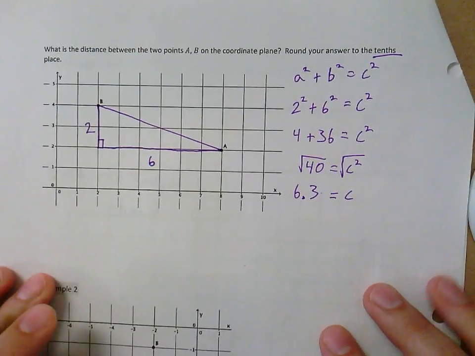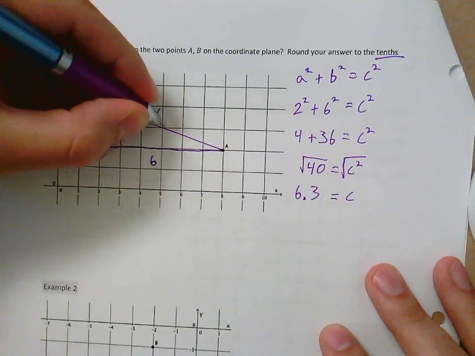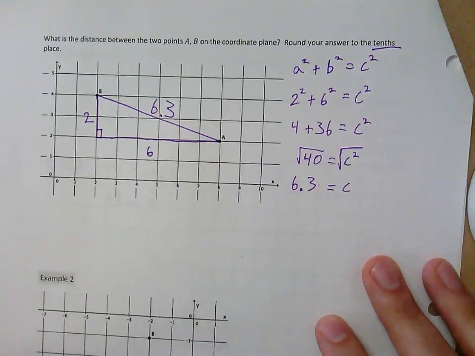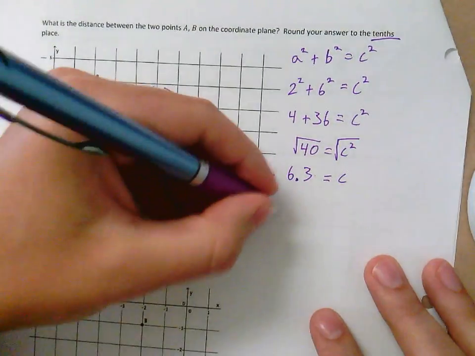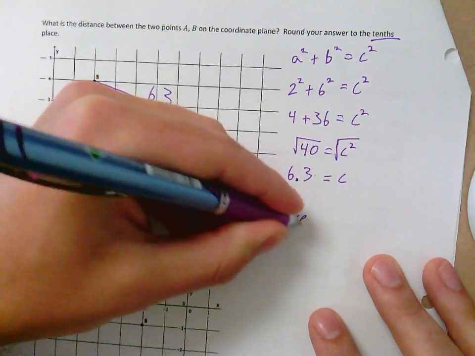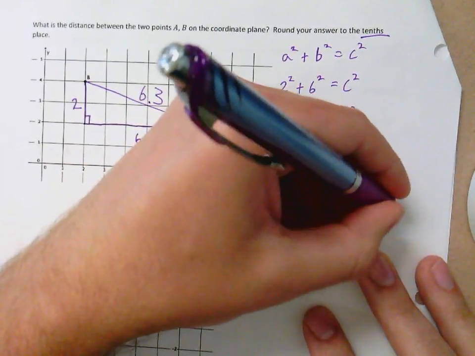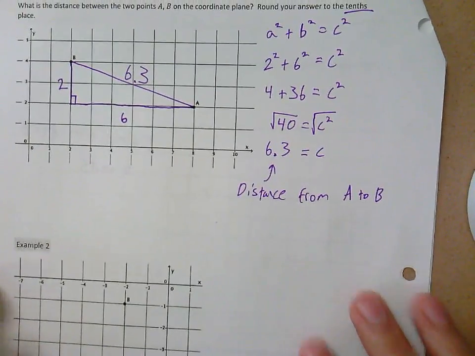So then what that tells me is the distance from A to B is 6.3. So that right there is the distance from A to B.